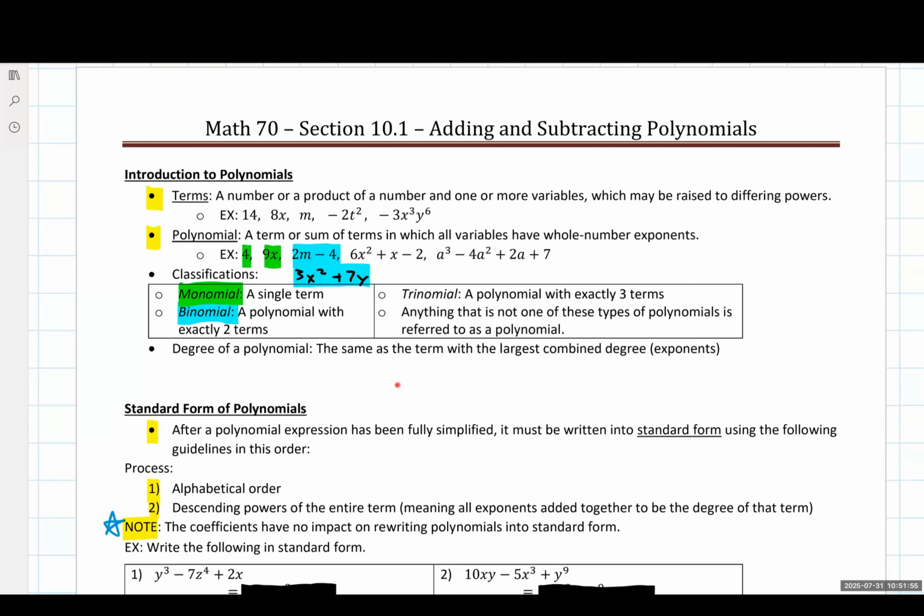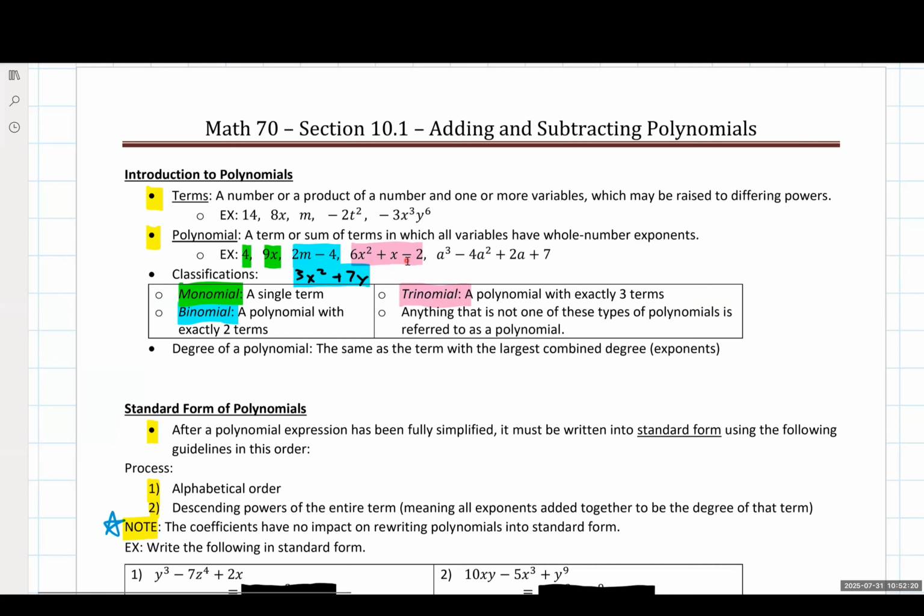And then our last one that we care about is called a trinomial, and it's where we have three things that are adding or subtracting together. So if we're highlighting this, the trinomial would be something like this 6x squared plus x minus 2. I have 1, 2, 3 things that are adding or subtracting together.